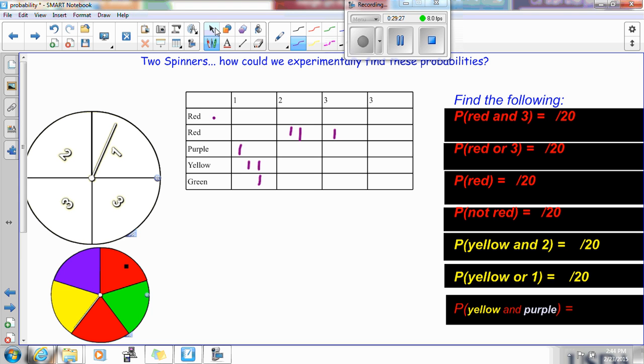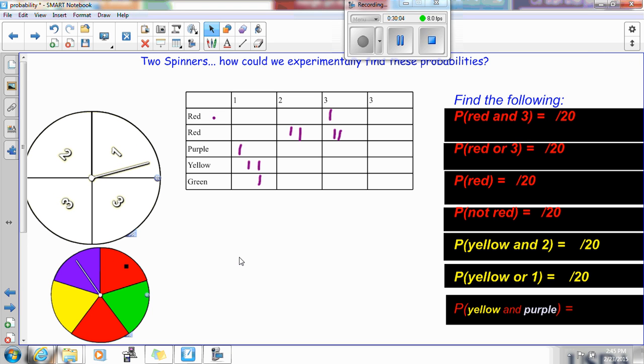I'm just going with which one it looks closer to being on. A red 3. This is the stop red. Another red 3. It really doesn't matter which red or which 3, because I'm going to have to add them up anyhow for my probabilities.